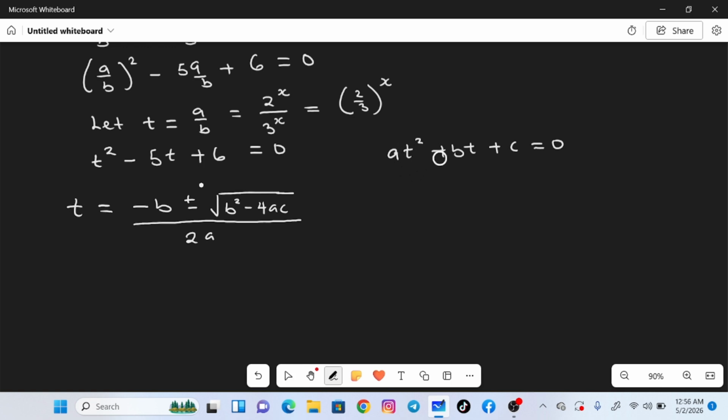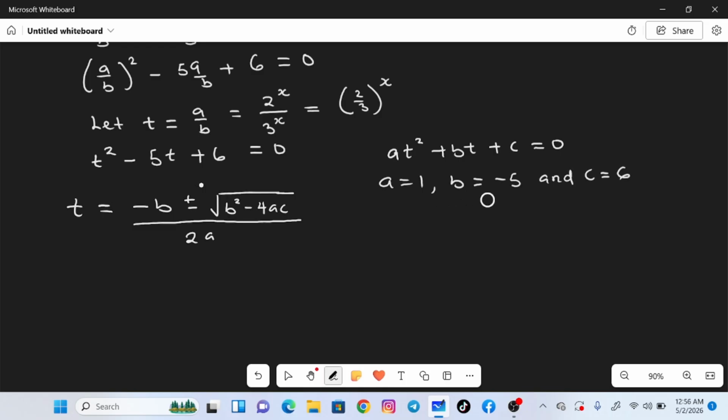Now, if you compare this equation and this equation together, our a is 1, our b is minus 5, and c is 6. So a equal to 1, b equal to minus 5, and c equal to 6.